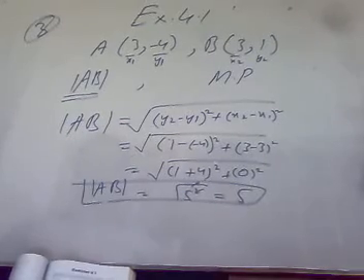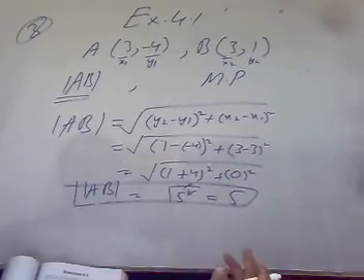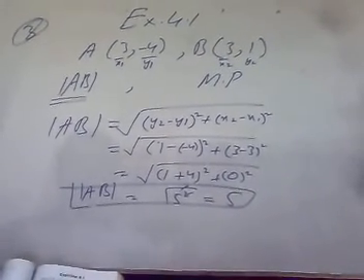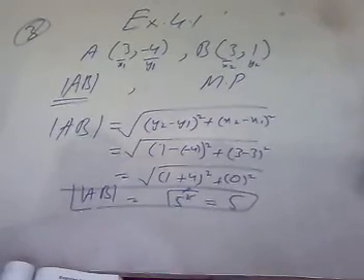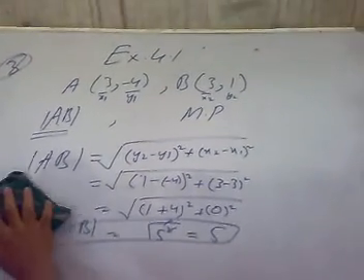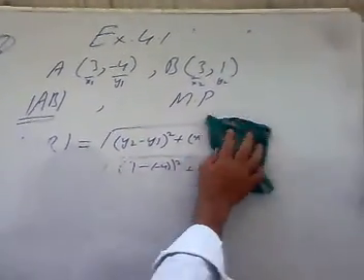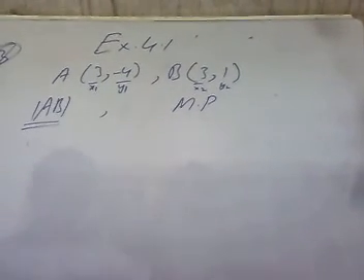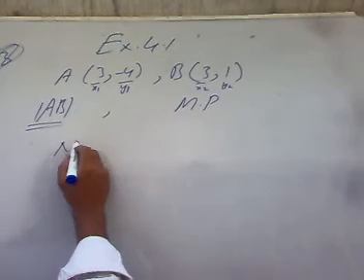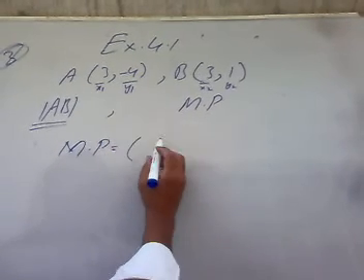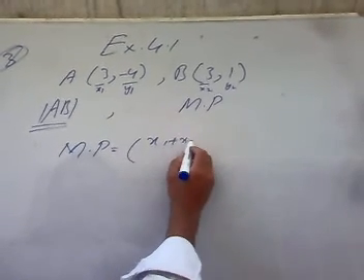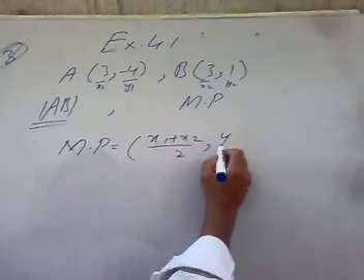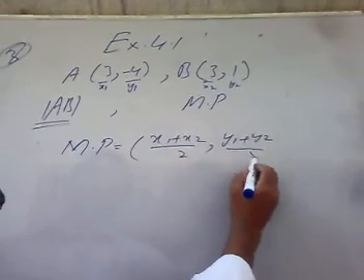So also, extending that concept, today we will also calculate the midpoint between A and B, and we have just learned that formula. So we'll apply that formula to calculate the midpoint between A and B. The midpoint will be (x1 plus x2) by 2 comma (y1 plus y2) by 2.